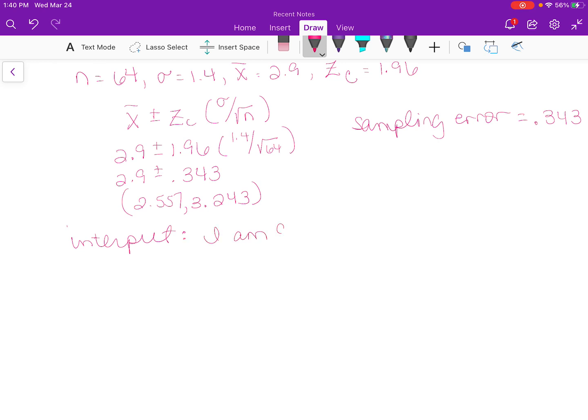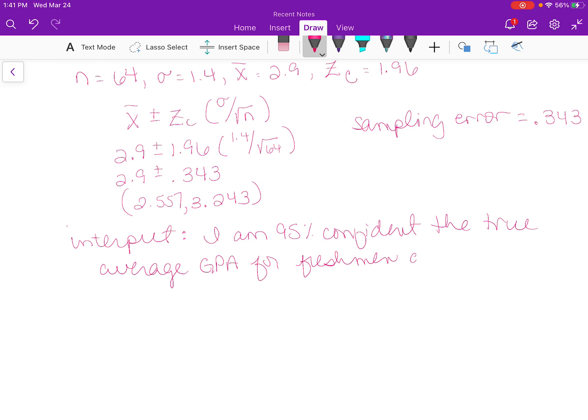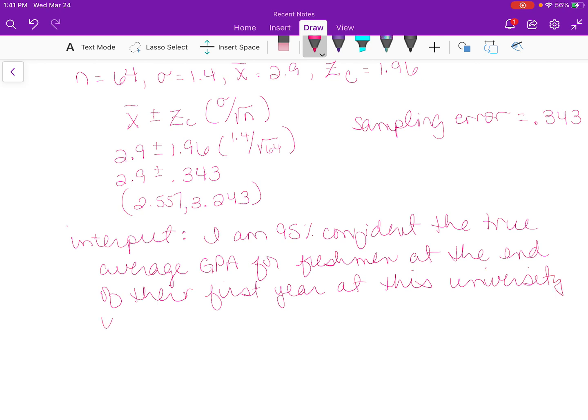I would say I am 95% confident the true average GPA for freshmen at the end of their first year at this university is between 2.557 and 3.243. And that's how you would interpret the confidence interval.